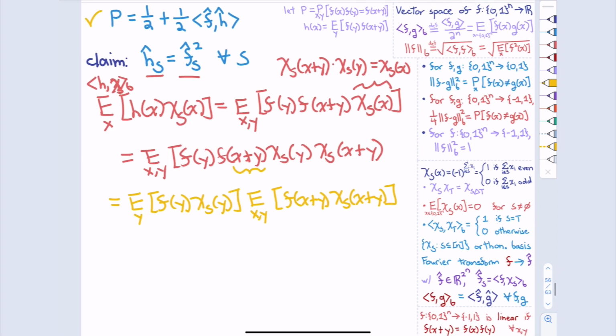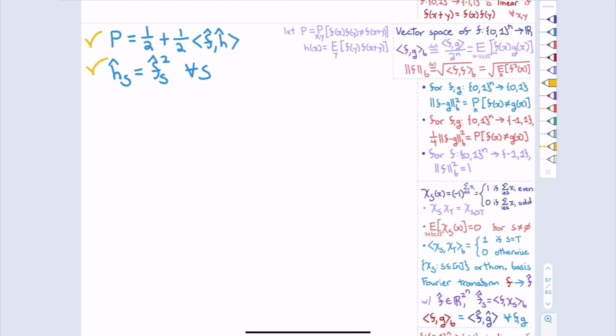And then finally, this is f hat s, they both are f hat s squared. The randomization over y is obviously a random input, but also the random x plus y is still basically a random n-bit string. So you're taking the average product. So this is f hat s squared, and that is h hat s. All right, now we're very close to done.